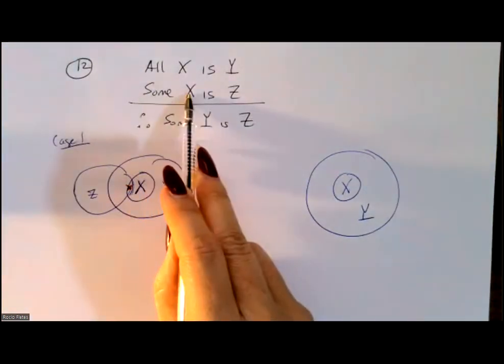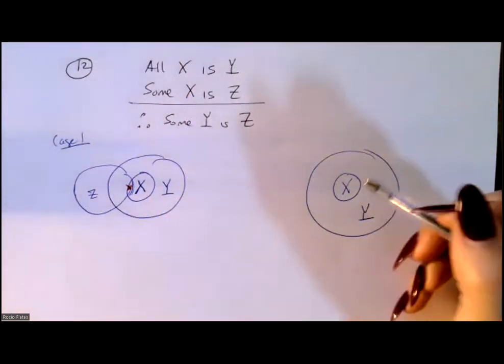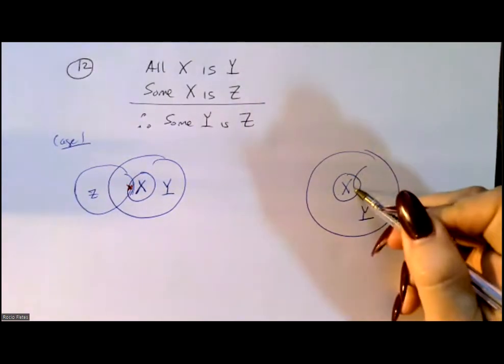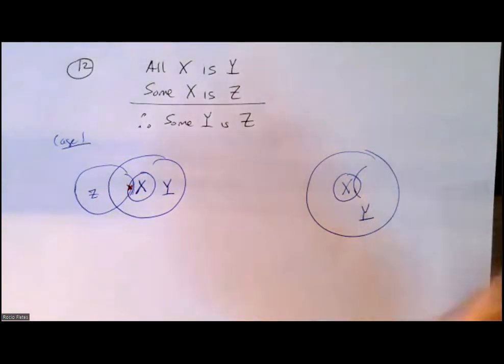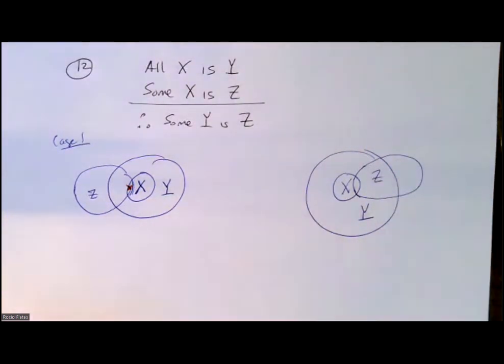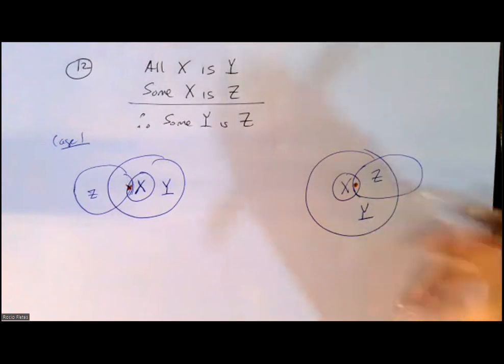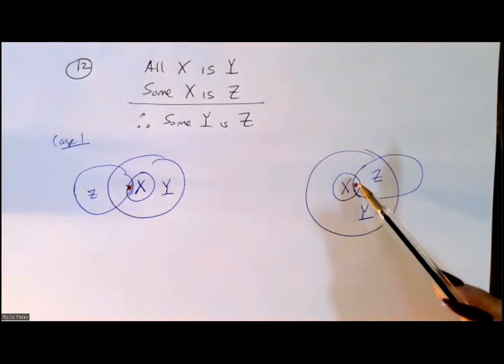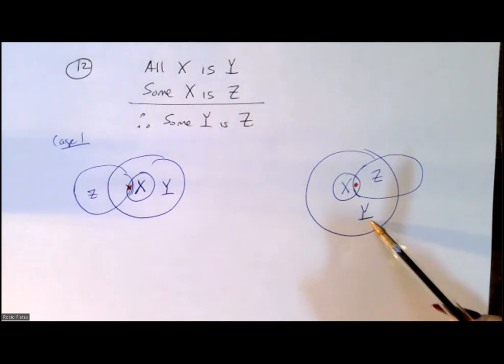And then some X is Z. So there's a Z set that overlaps, because some X is Z. So you know that there's an element there, I'm going to put it in red, that overlaps between X and Z. And because there's an overlap with X and Z, it has to be overlapping Y as well.